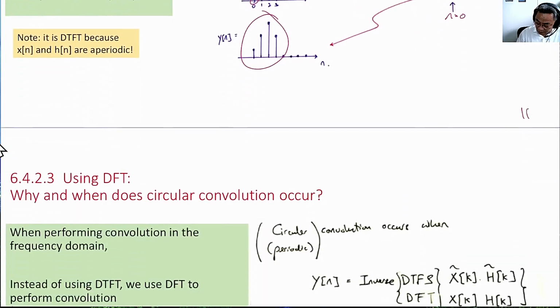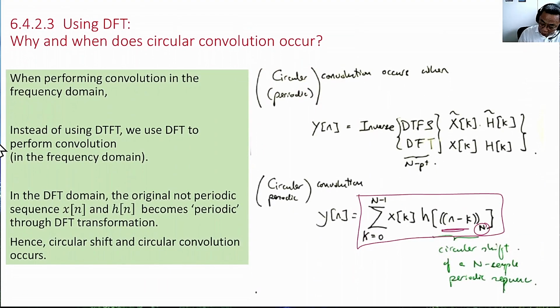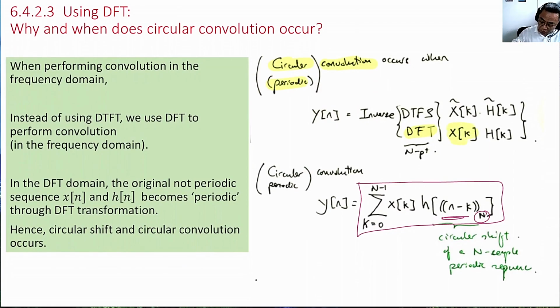And why would this occur? It occurs because when we use DFT to perform multiplication in the frequency domain to realize convolution, we are not realizing linear convolution. We are realizing circular convolution. So what I'm going to show you is this. We are going to take X[k] and we are going to take H[k], and these are the frequency representation of x and h, and when we multiply them together, we are performing convolution in the frequency domain.